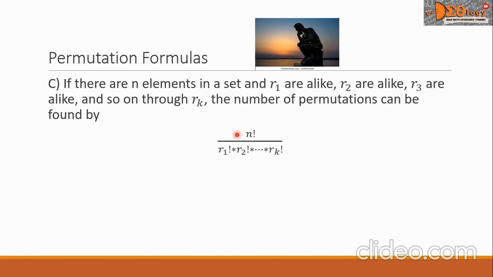In the numerator is n factorial, all over the denominator r sub 1 factorial times r sub 2 factorial times up to the last factor, which is r sub k factorial.